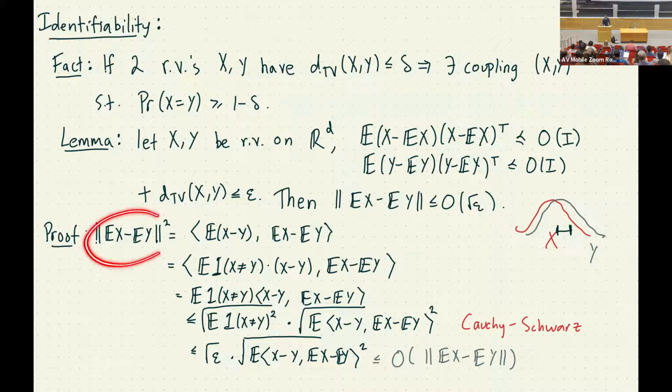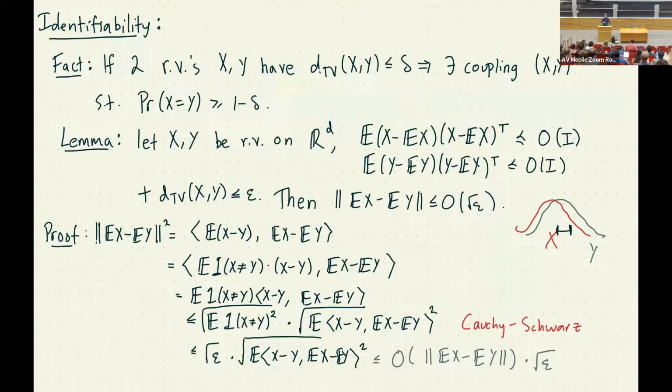I've got the square of the norm here, I've got the norm here. Sorry, I missed a root epsilon. I apologize. Times root epsilon. So when I divide both sides by the norm, I'm going to get that the norm is at most root epsilon, which is what I wanted. So I just need to establish this last inequality.